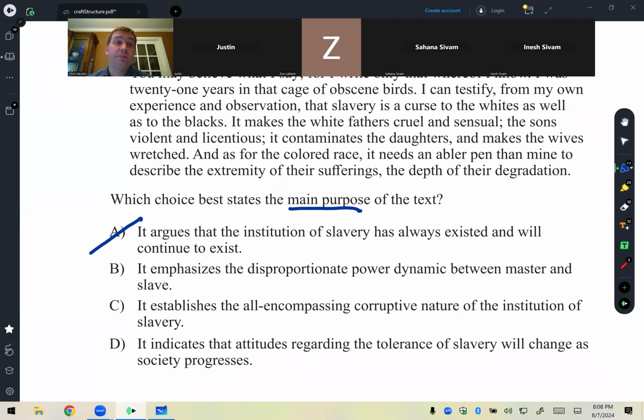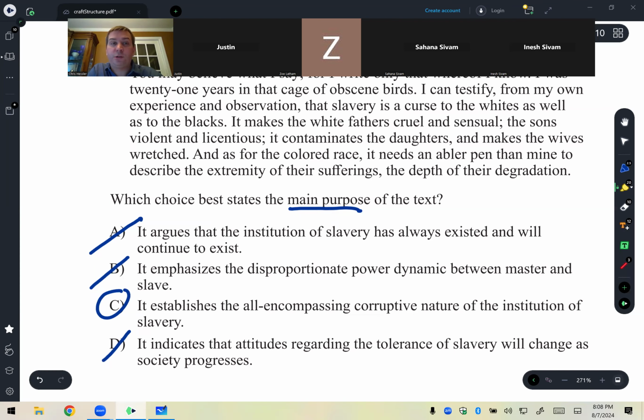Not primarily. That's not the purpose of the passage. D, does it indicate that attitudes regarding the tolerance of slavery will change as society progresses? The passage doesn't make that claim. Primarily, the purpose of the passage would be C. It establishes the all-encompassing corruptive nature of the institution of slavery.